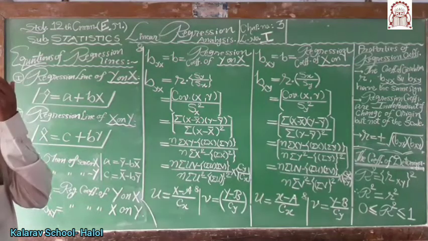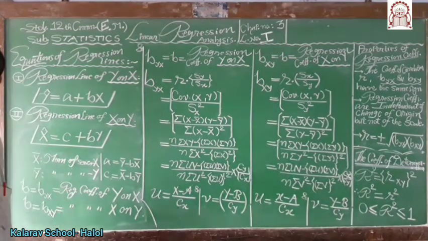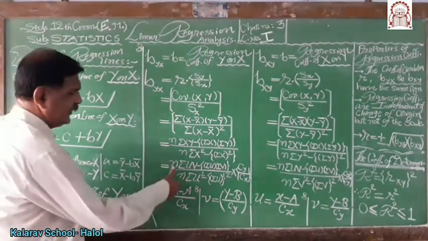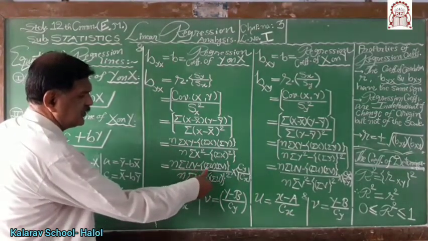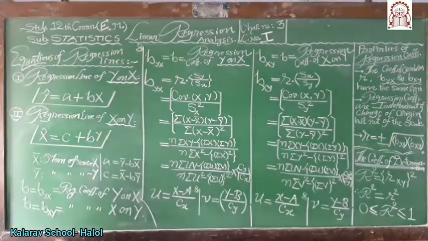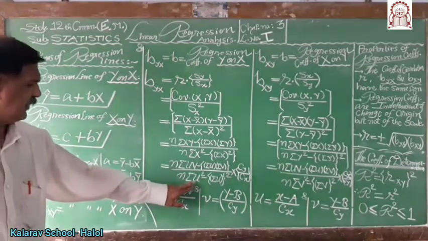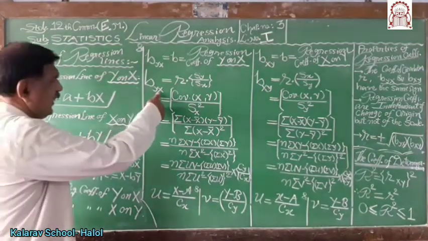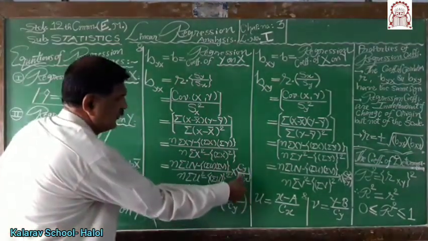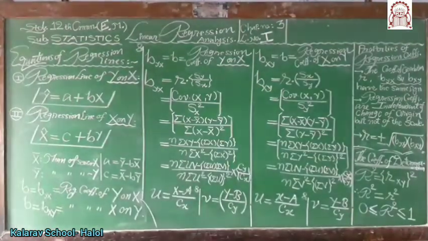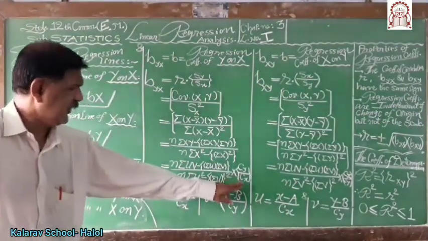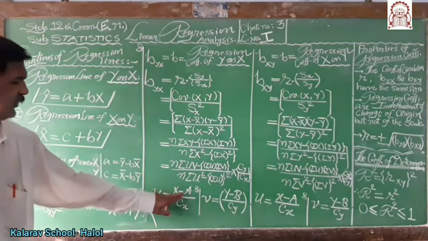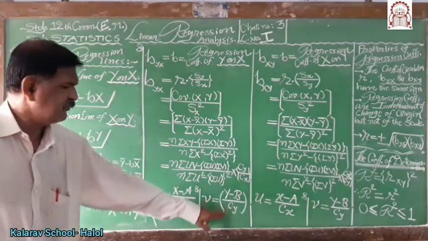Or in UV form, if we divide series x by cx and series y by cy, the common factors of the series, then it is given by n times sigma uv minus sigma u into sigma v divided by n times sigma u square minus sigma u whole square, multiplied by cy upon cx. Cy means common factor of the series y and cx the common factor of the series x, where u is given by x minus a upon cx, and v is given by y minus b upon cy.